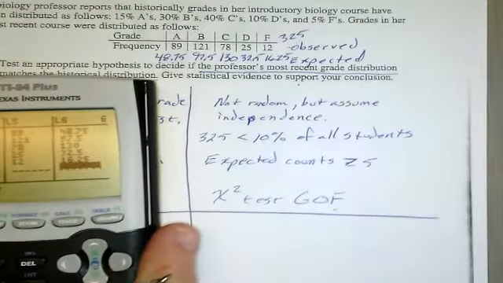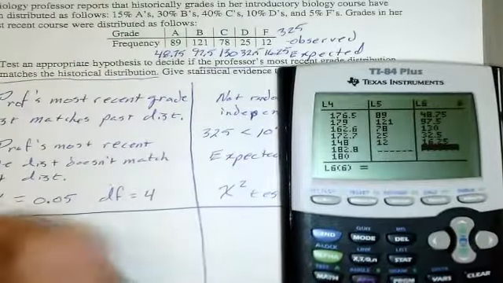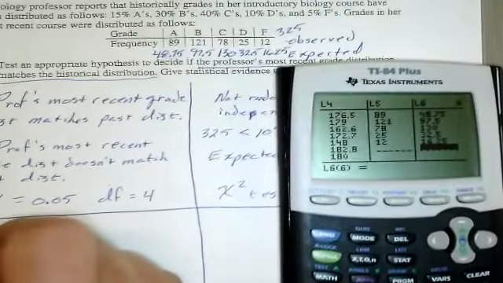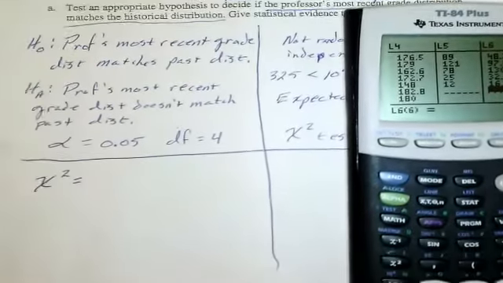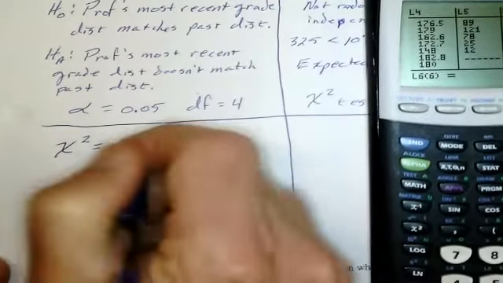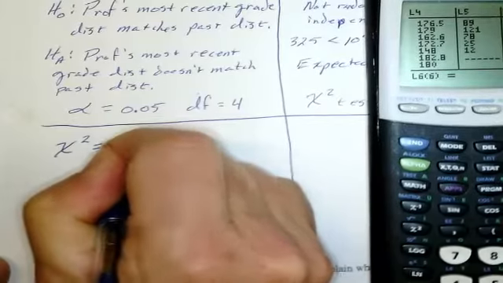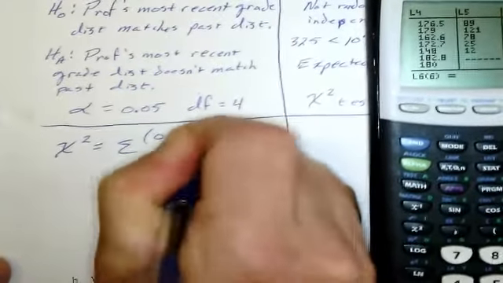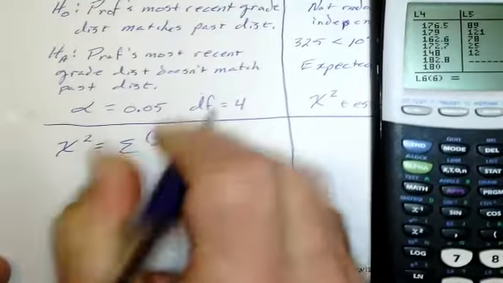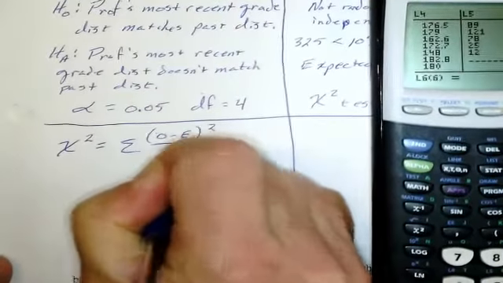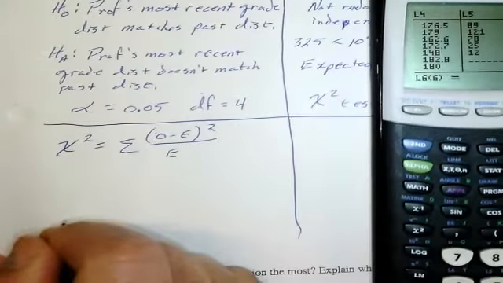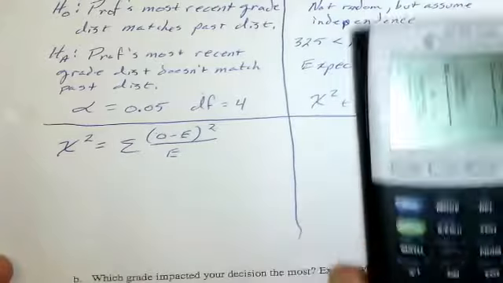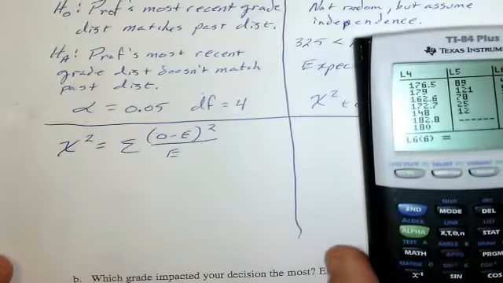Now, we have chi-squared according to our formula page. Chi-squared is the sum of observed minus expected, squared to get rid of our negatives, divided by the expected. We're going to find these numbers in just a minute.